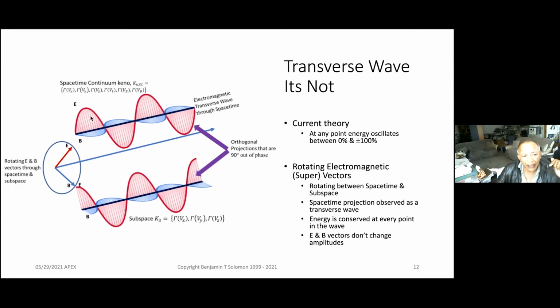So you get a 90-degree phase shift between the transverse wave, the electromagnetic wave in subspace, and the electromagnetic wave in space-time. And with that, the electric and magnetic field energies are conserved at any moment in time.